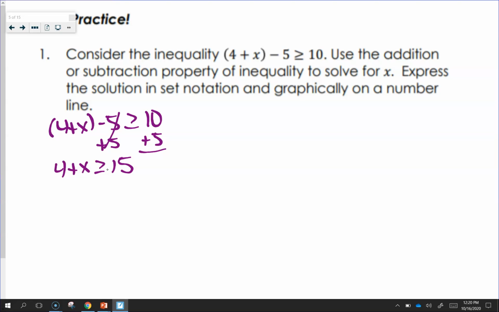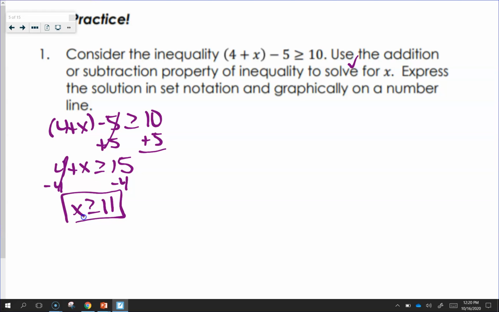That 4 is in my way. Yes, Kale? Yes, good. We're going to subtract 4. Yep. Great. So we get x is greater than or equal to 11. Right? So we have solved for x, right? There's one part of my answer.